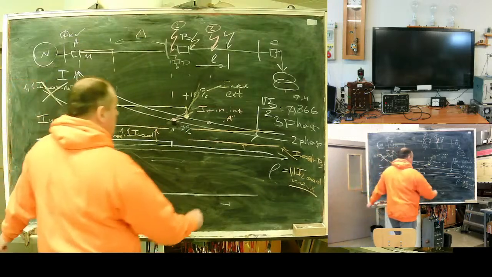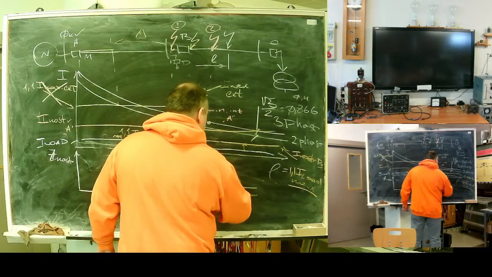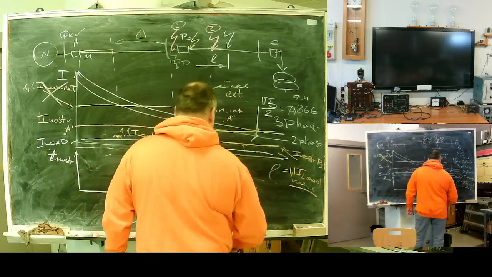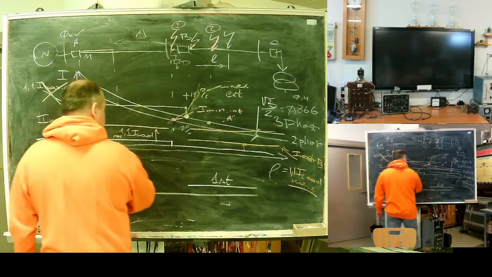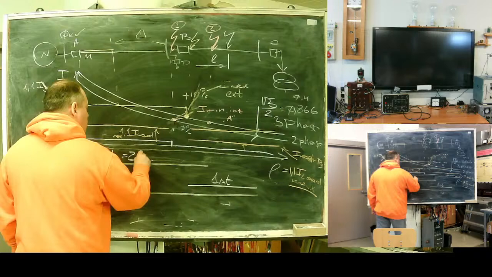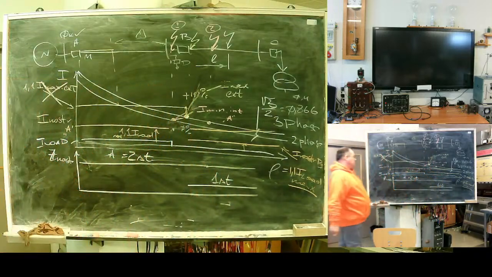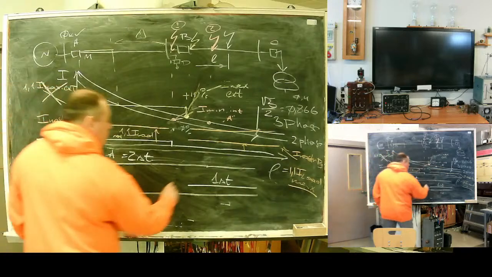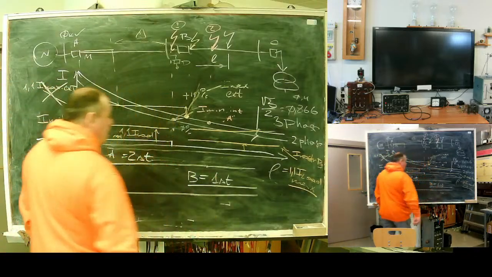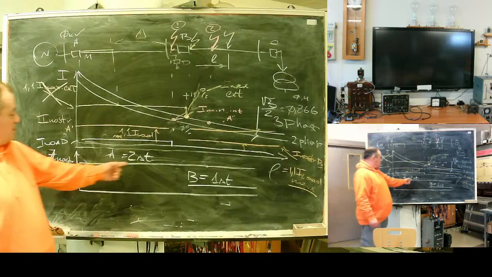For B, it will be 1 time space. For A, it will be 2, double delay. For B, 1. And what is behind this?